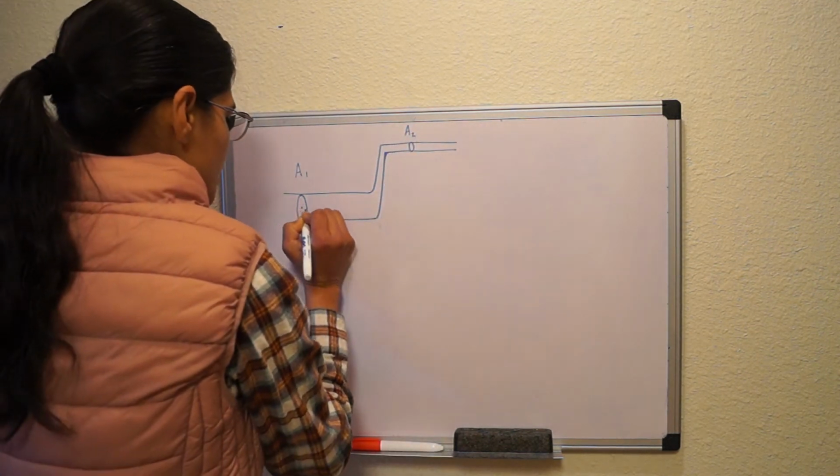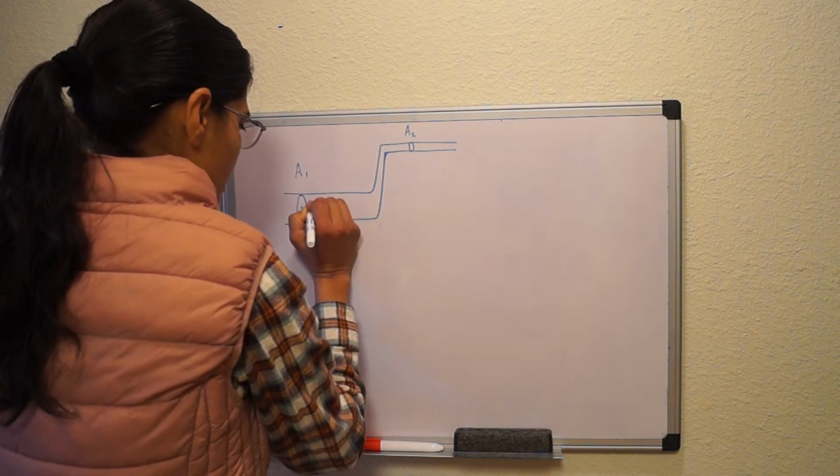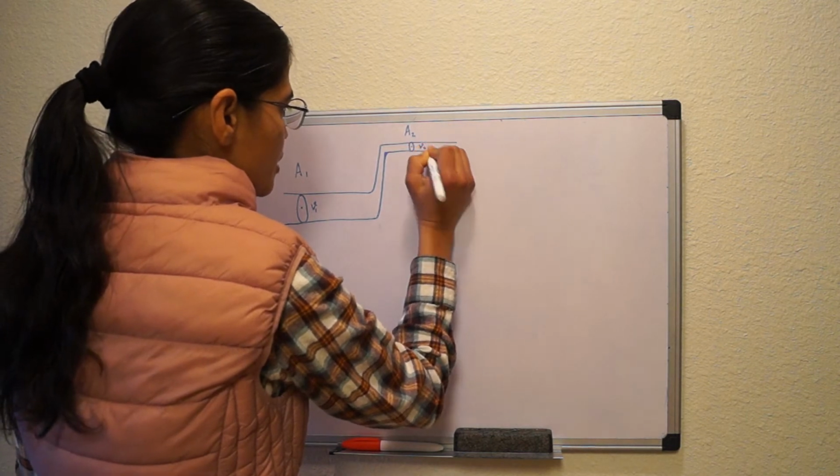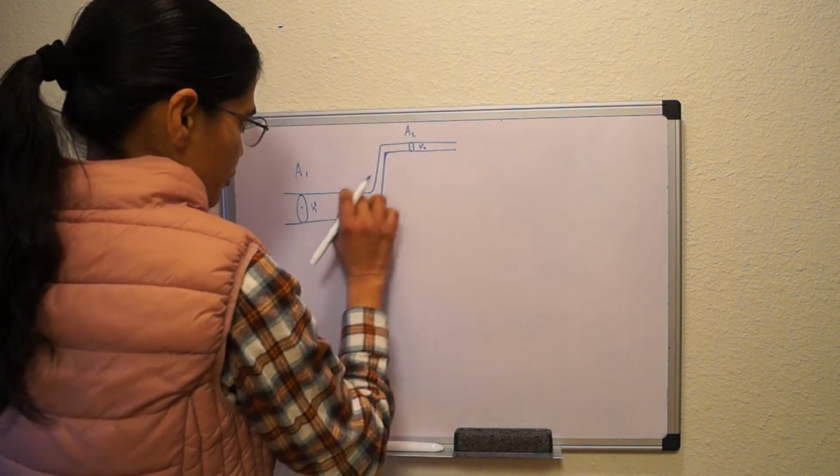And then the fluid is moving with the speed v1 here, and v2 here. Let's say we have a fluid flowing through this tube.